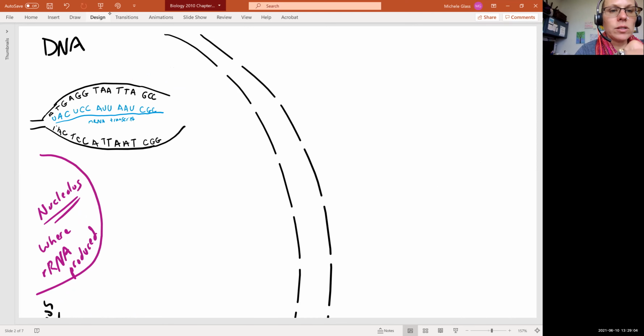Okay, and just a couple notes. What we're looking at here, this is our first step in protein synthesis. We call it, again, transcription. So again, we have RNA polymerase this time, which is going to unwind and build the RNA strand, the mRNA.